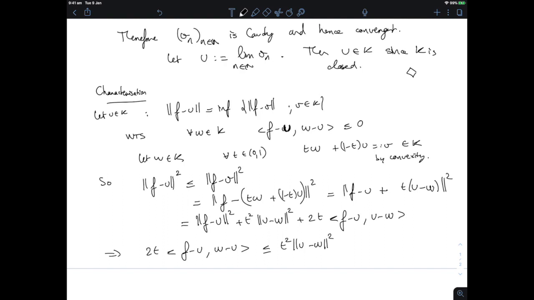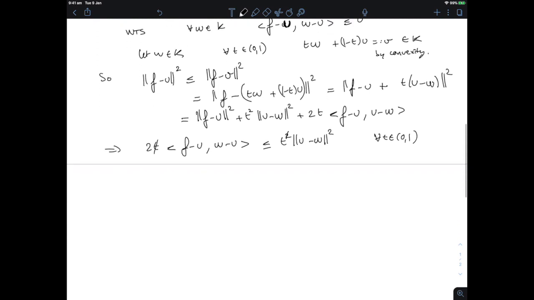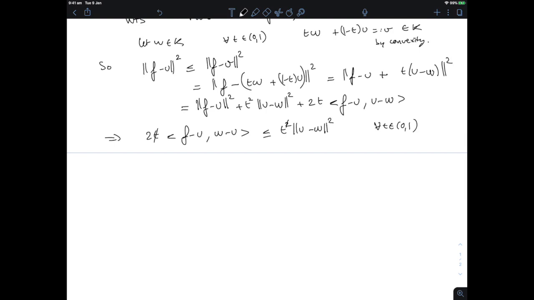This is true for all t in (0,1], and you can divide by t on both sides and then send t to 0. So as you take the limit in this inequality as t goes to 0, you get that the inner product of f minus u with w minus u has to be less or equal to 0.